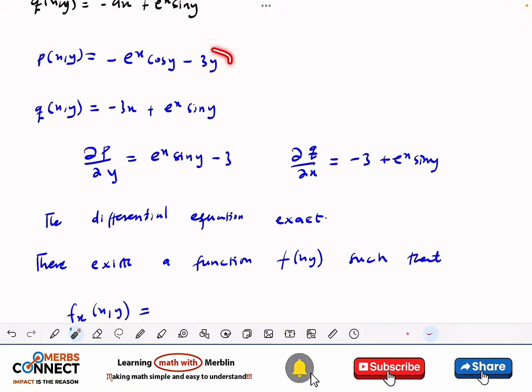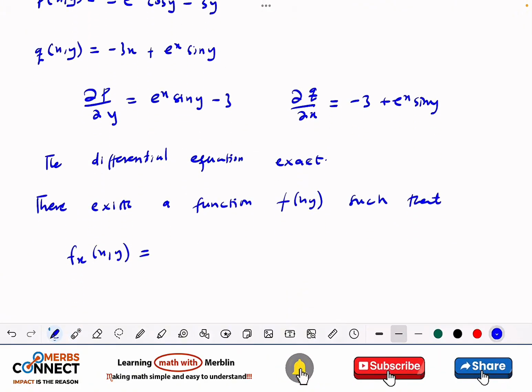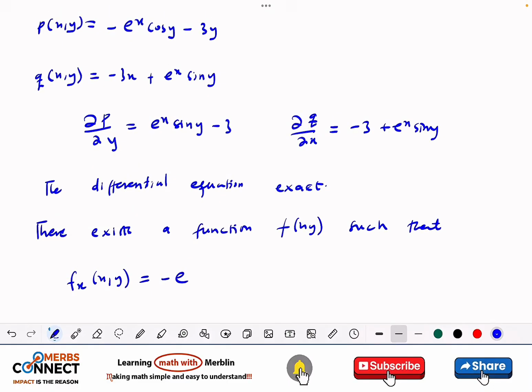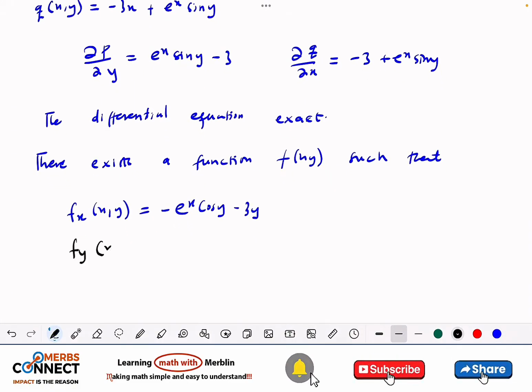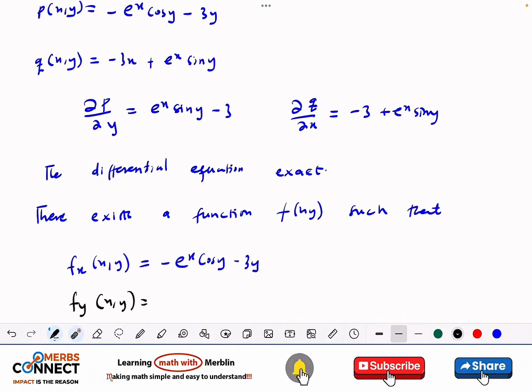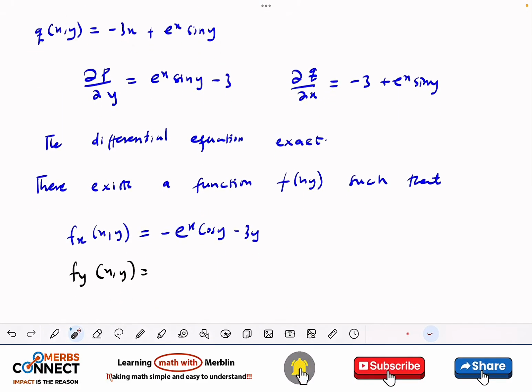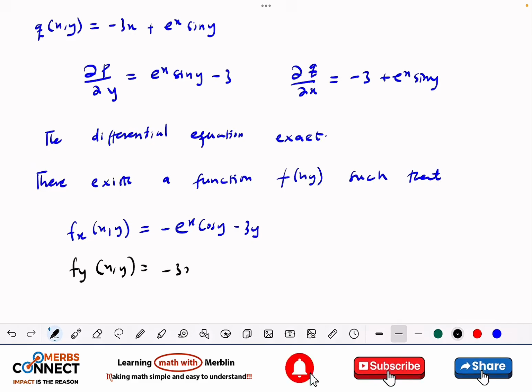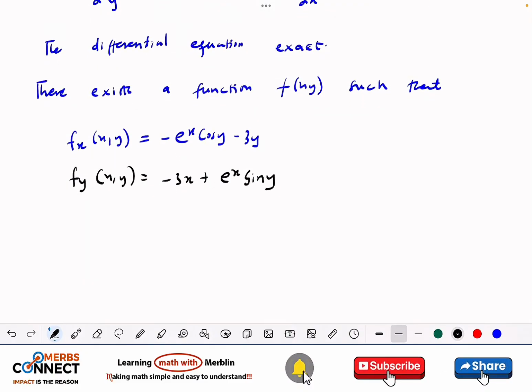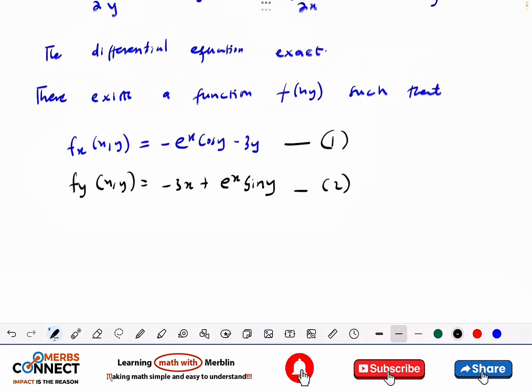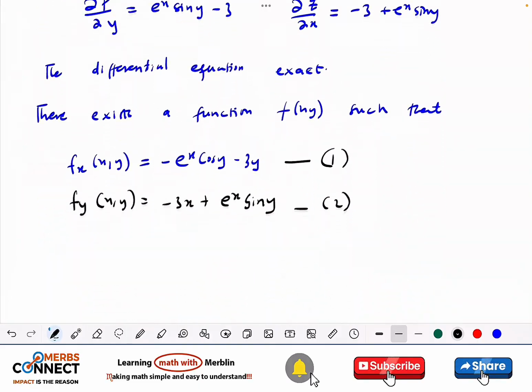Remember, we need to have P. So P is minus e^x cos y minus 3y. And then f_y of xy is equal to Q of xy, which is minus 3x plus e^x sin y. So I call this one equation 1, I call this one equation 2. That is the process that we need to go through, and then we are done.